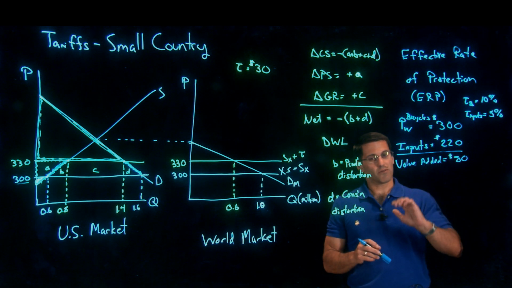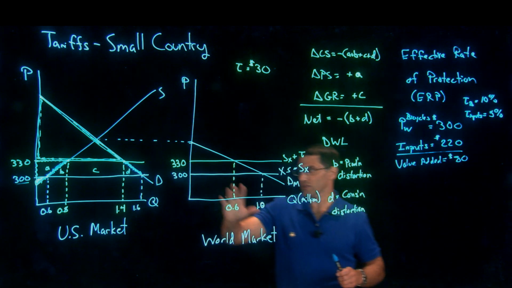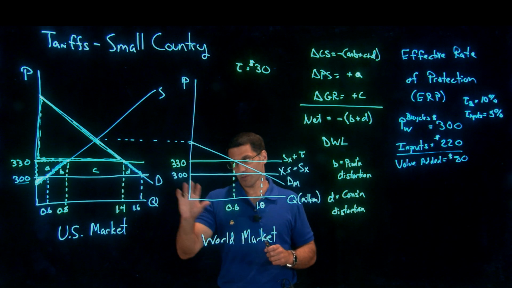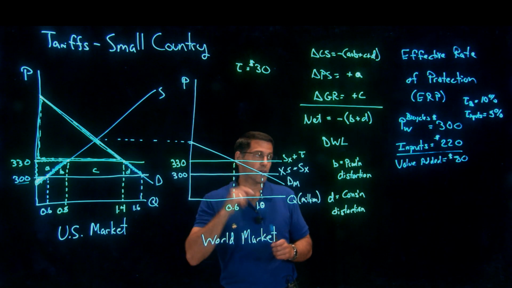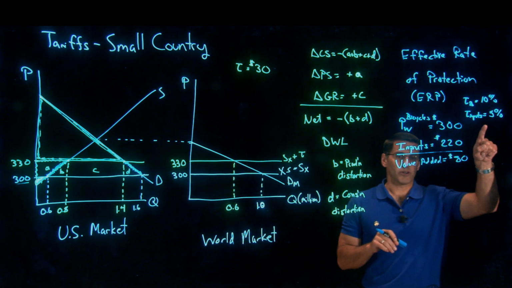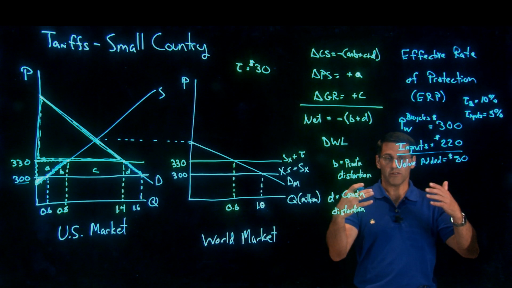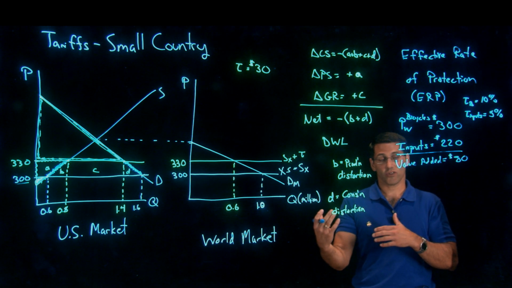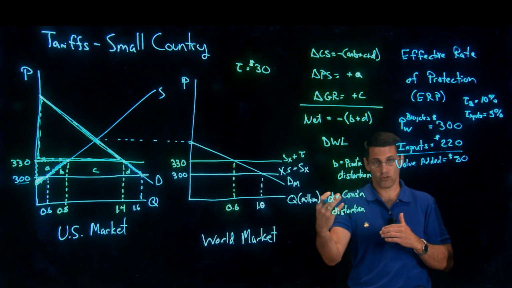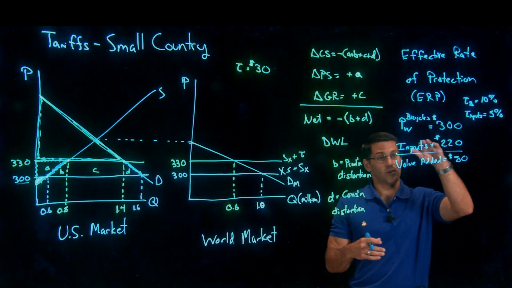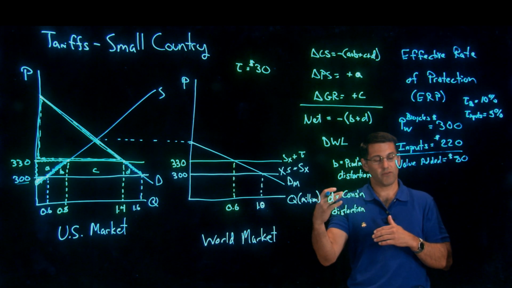This is why I was saying a few moments ago, it's not so simple as just looking at the tariff on the final good, the bicycle. Because the tariff on the inputs is going to raise the cost of inputs for the bicycle manufacturers, so that's going to cut into its value added. The tariff on the bicycles will actually add to the value added.